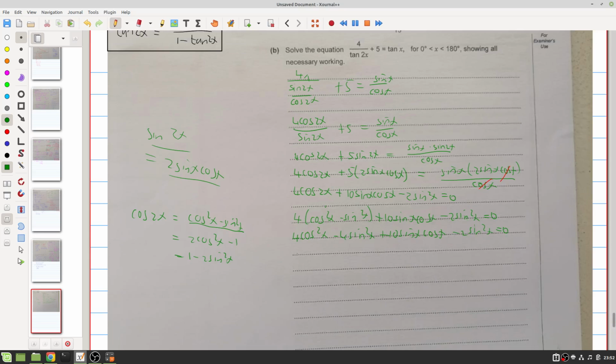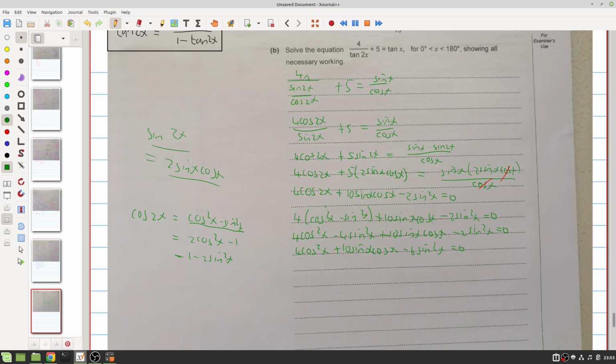So 4 cos squared x, and then plus 10 sin x cos x. Oops, not cos y, cos x. And then we've got negative 4 sin squared x and negative 2 sin squared x, which gives us minus 6 sin squared x. So minus 6 sin squared x equals 0.